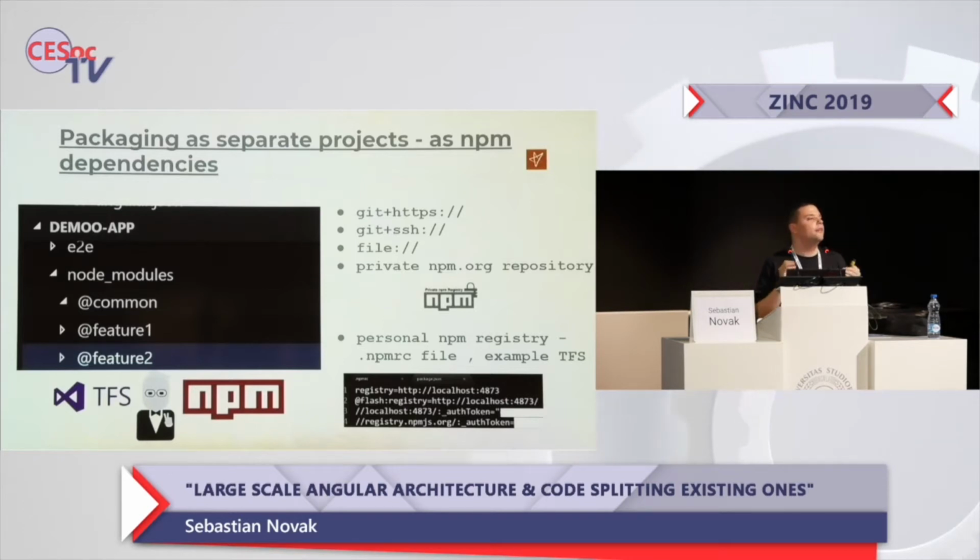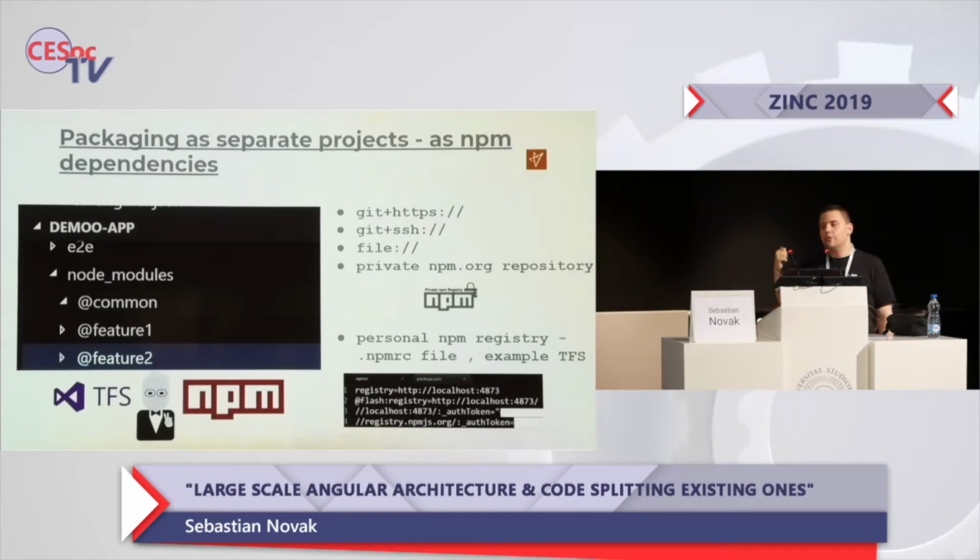This could be a GitLab repository, since in your package JSON, you can specify the standard npm repository, but you don't have to. You can use the Git plus HTTPS link, and you can simply link to a Git repo, and when you perform npm install, it will download the code from the master branch if you haven't specified otherwise.